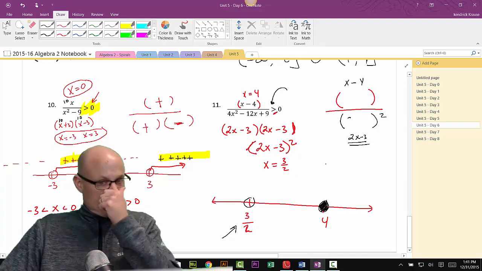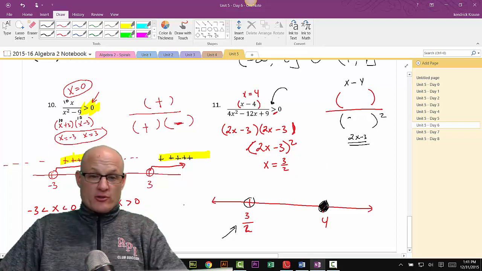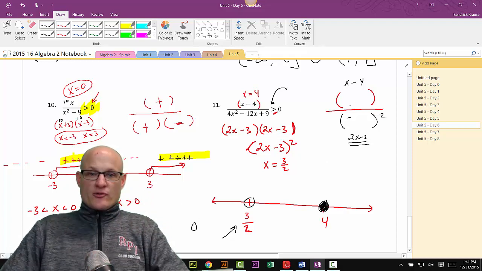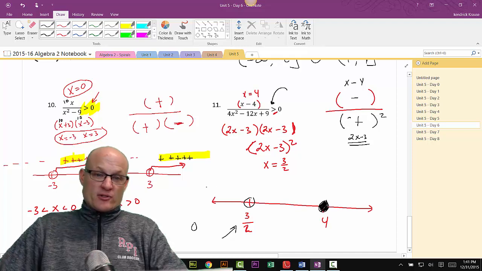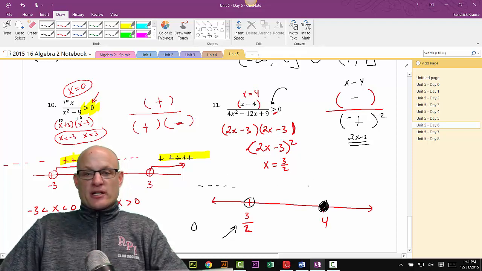This one might get tricky. Let's plug in 0. 0's over here. So 0 minus 4 is negative, and this is always going to be positive. So negative, negative, negative, negative, negative. Let's plug in 2. 2 minus 4 is negative.